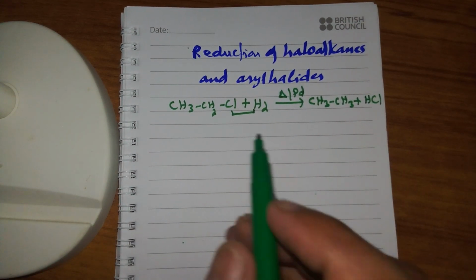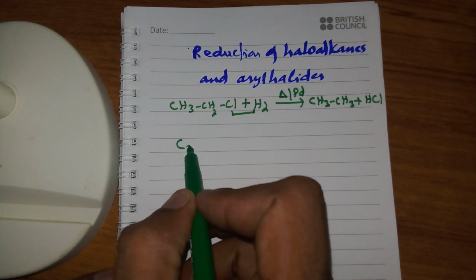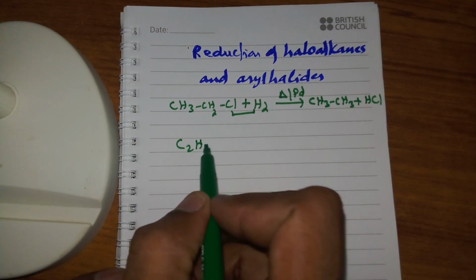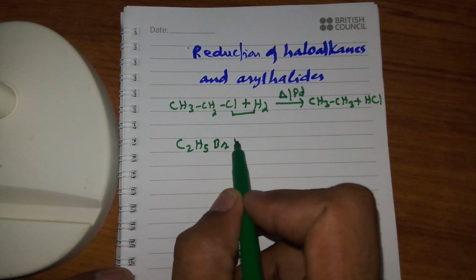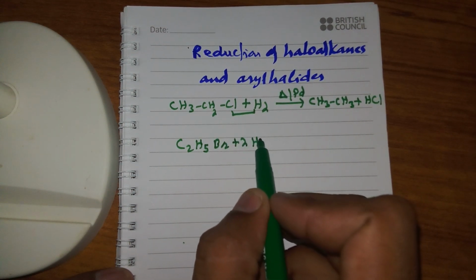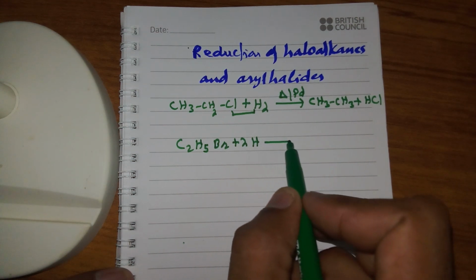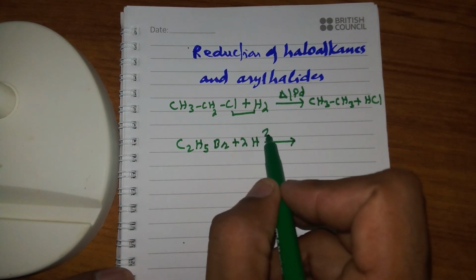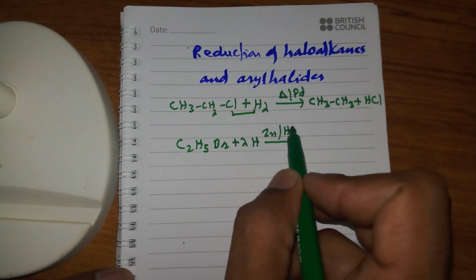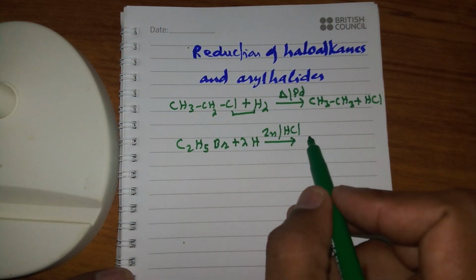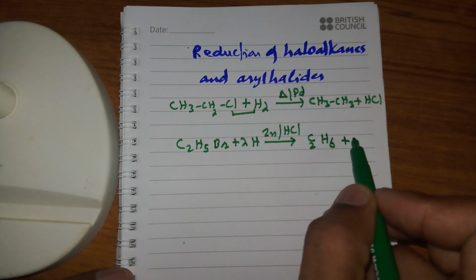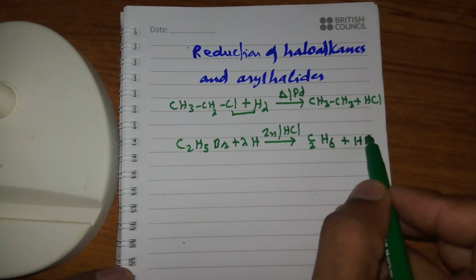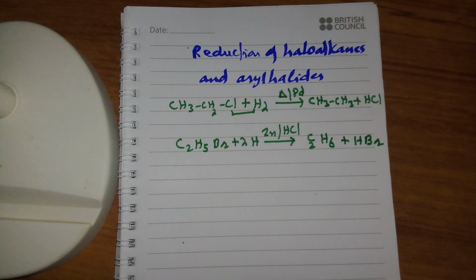If we see C2H5Br, this is ethyl bromide. Now in the presence of hydrogen and using zinc and HCl as the catalyst, we have the formation of C2H6, ethane, plus we have HBr.